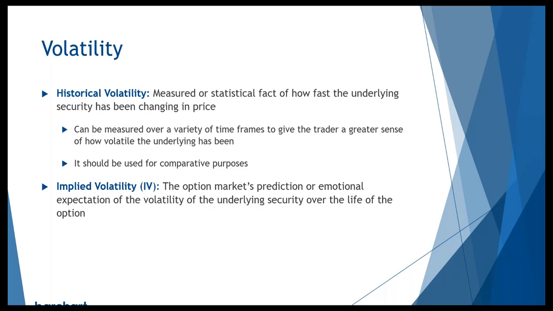So that's the emotion priced into the market, and that's the way the market predicts where that range of price is going to move. Typically, that emotion goes greater than the historical, and that's where our theory of option strategies is based: on this difference between implied and historical volatilities.